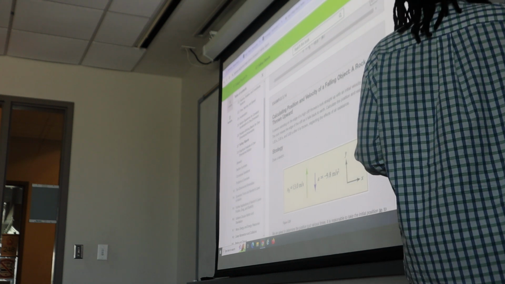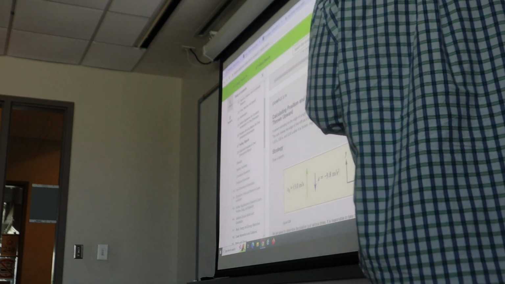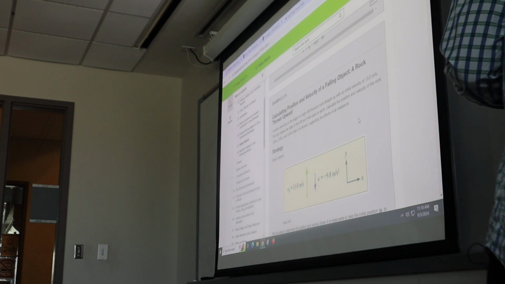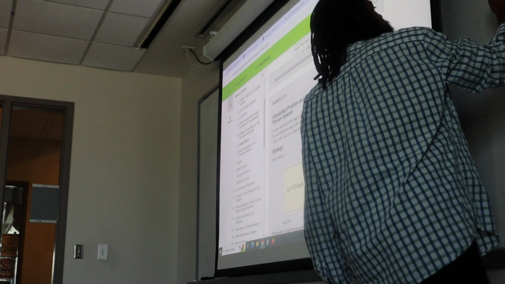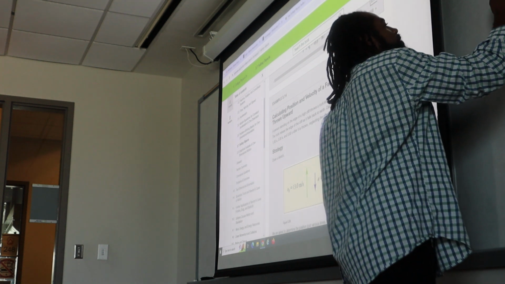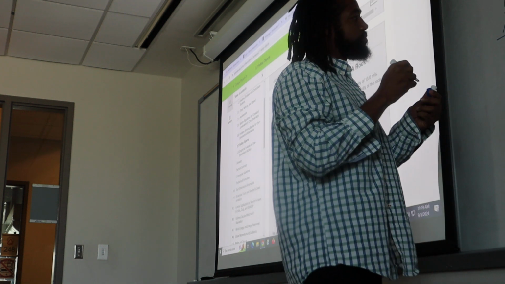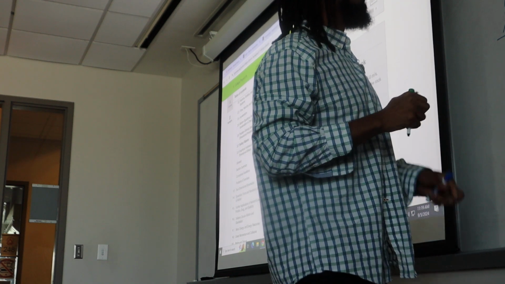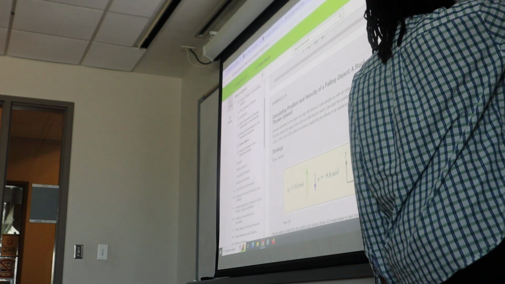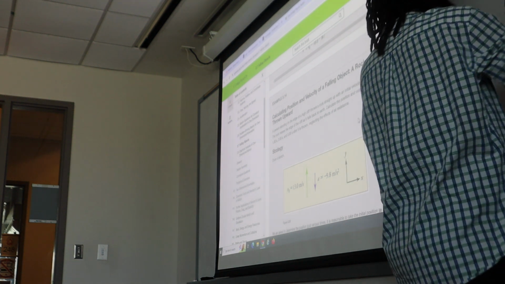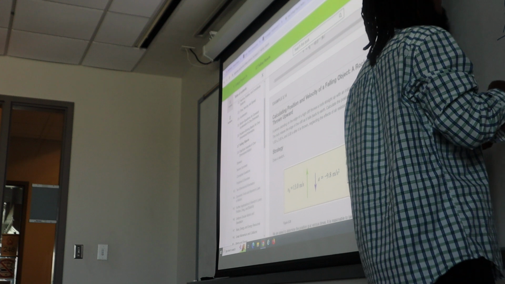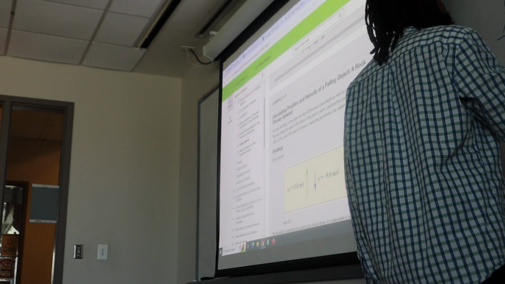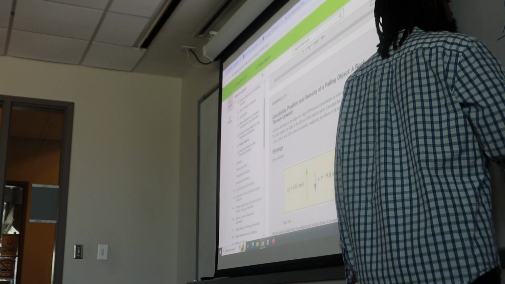Is that? Mm-hmm. 9.8 meters per second squared. So that means the gravity, yeah, it's the same thing, like the gravity constant. So now we're looking at knowns and unknowns. So I know I'm given V naught. I pretty much have it there.